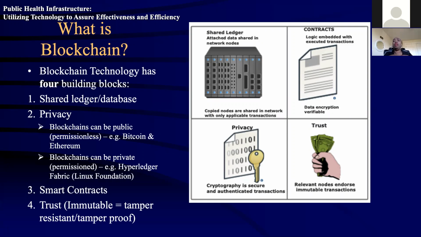Who can I trust to have access to my data? And if my data is in a certain place on a certain infrastructure, is it going to be easily hacked, right? People getting in who shouldn't get in and getting access to my healthcare data. The blockchain trust framework really promotes that trust and the privacy and security because it is so tamper resistant or tamper proof.